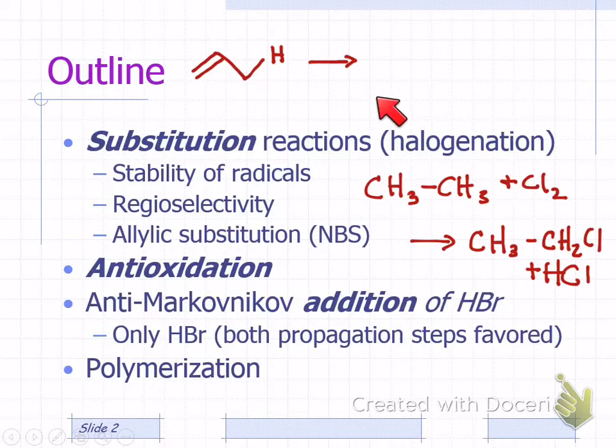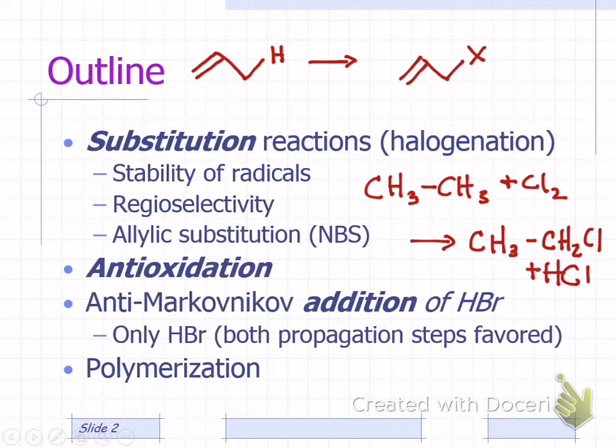But when you have allylic substitution, or actually benzylic substitution, I started doing benzylic all of a sudden, substitution primarily occurs at that position. We'll talk about how that happens. The reagent that's really important for this is called NBS, and we'll go into what all that is later. Okay, so that's the outline of what we're covering.